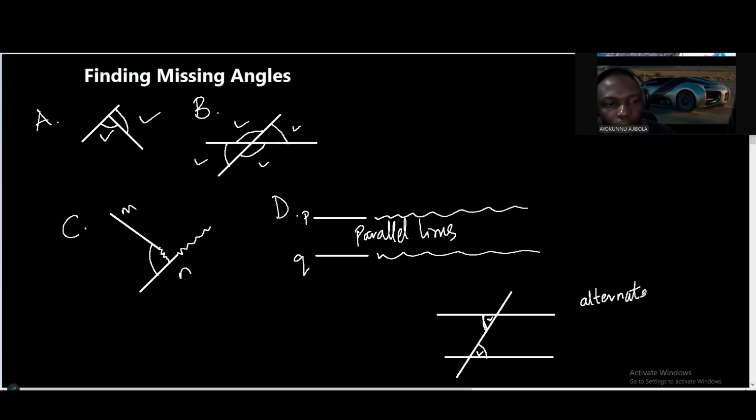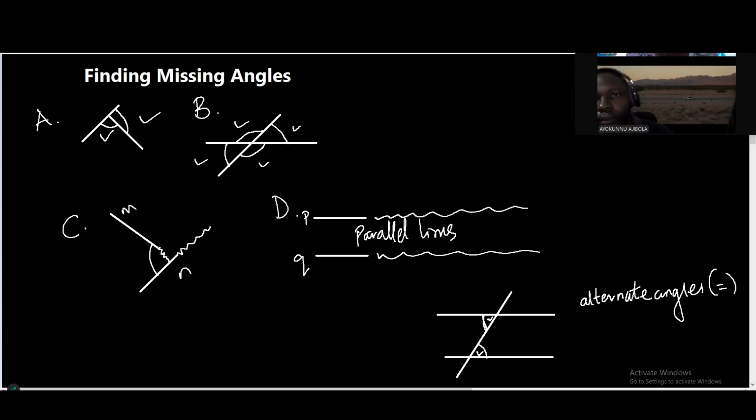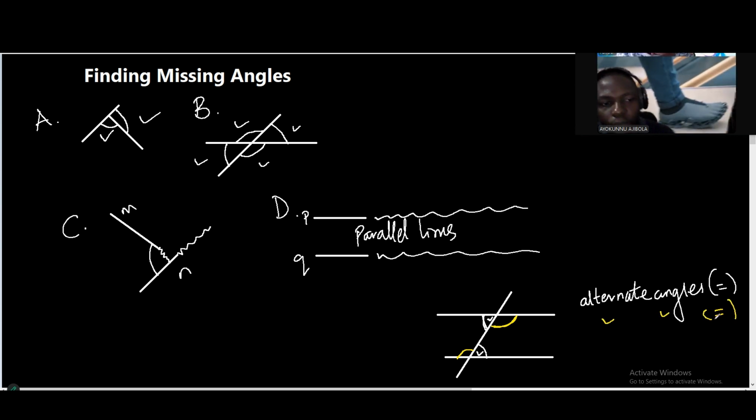They are what? Alternate angles. And they are equal. The angles here and here will also be equal. They're also alternate angles and they're what? Equal.